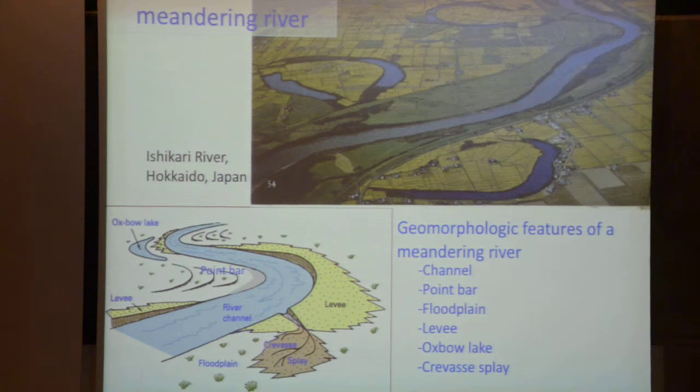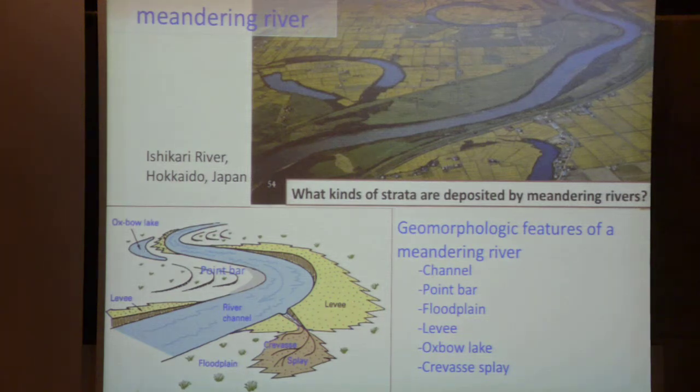There are several kinds of river channels, such as braided channels and meandering channels, but today I don't have enough time to talk about all of them, so I will use meandering rivers as an example. As you know well, a meandering river consists of channel, point bars, and floodplain, levees, oxbow lakes, and crevasse splays.